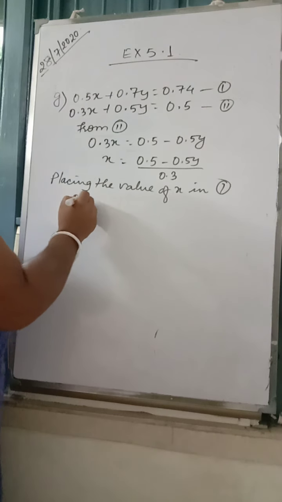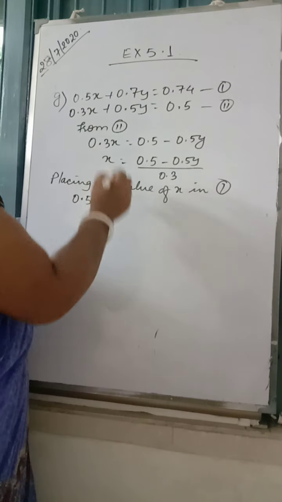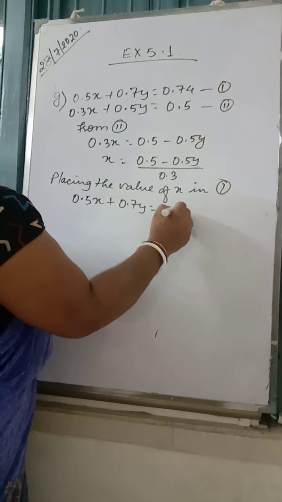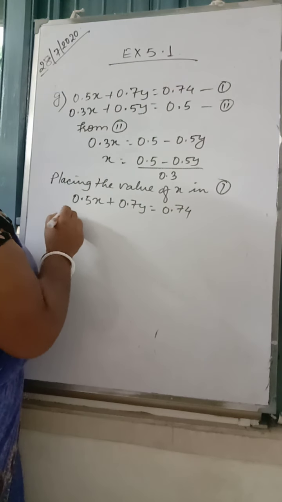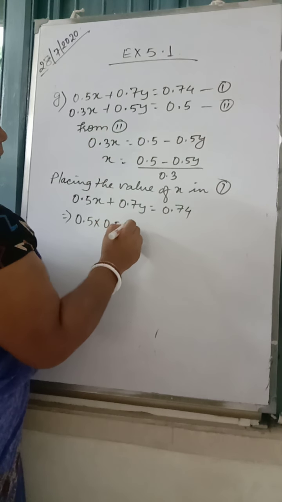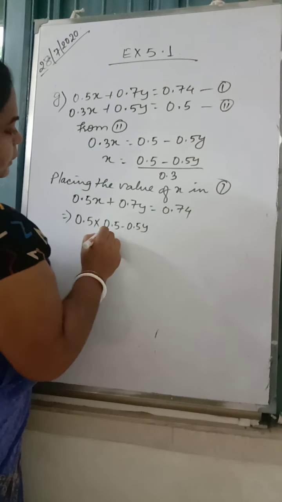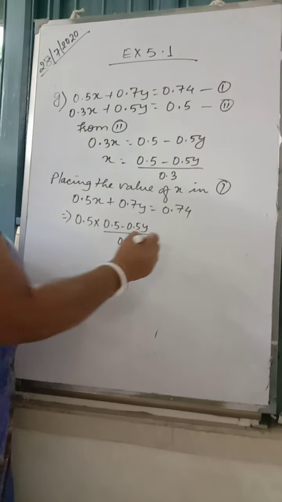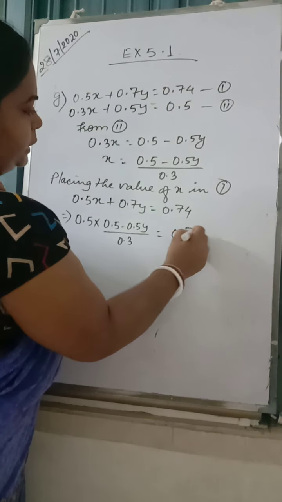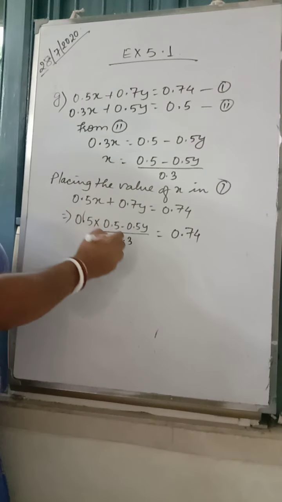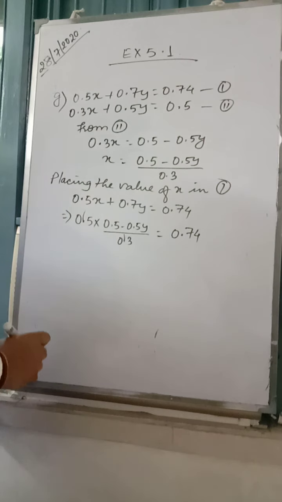So it was 0.5x plus 0.7y is equal to 0.74. Now instead of x I can write 0.5 into (0.5 minus 0.5y) by 0.3, is equal to 0.74. Now this decimal I can cancel.